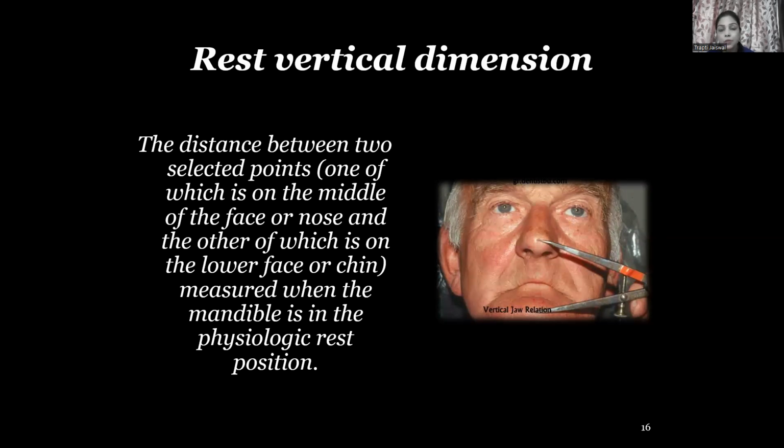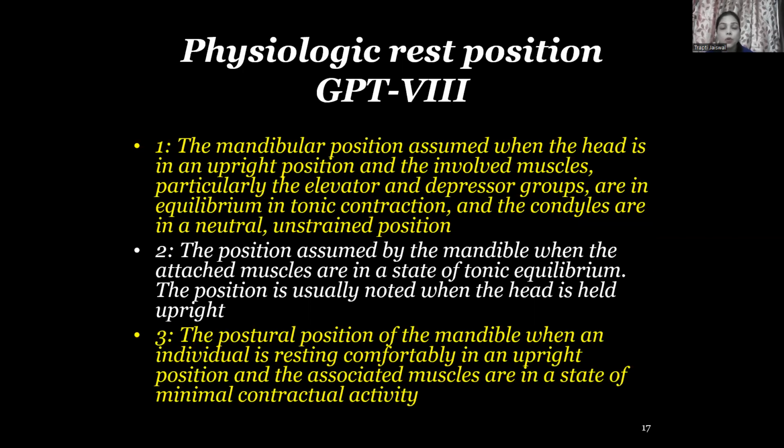That is the vertical dimension of rest, and now we will discuss the physiological rest position. It is the mandibular position assumed when the head is in an upright position and the involved muscles, particularly the elevator and the depressor groups, are in equilibrium in tonic contraction, and the condyles are in a neutral unstrained position.